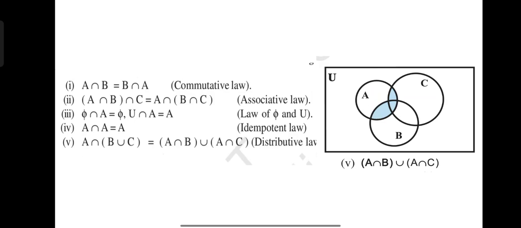Idempotent and law of phi and union are not common questions; I have not seen them till today in exams. But the others have appeared in exams many times. If you study all, it is good, but 1, 2 and 5 should not be avoided.